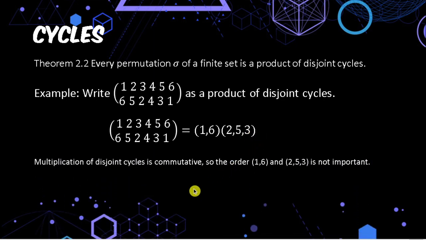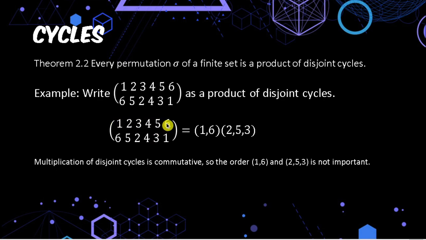And then we have a note here that multiplication of disjoint cycles is commutative. So that the order 1, 6 and 2, 5, 3 is not really important. So kahit unahin natin yung 2, 5, 3 kaysa sa 1, 6, if we're going to put it back to its original notation, permutation, makukuha pa rin natin ito.